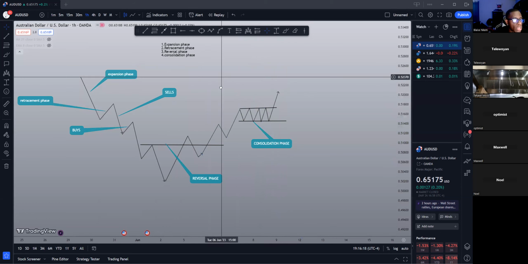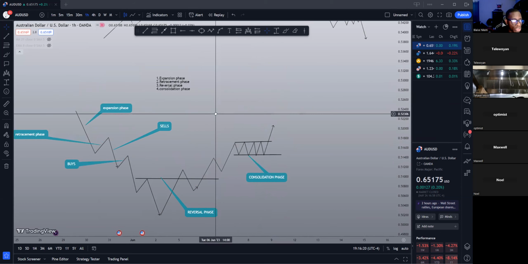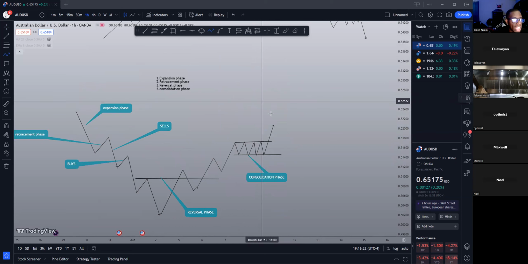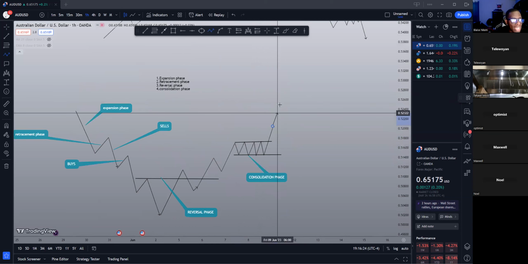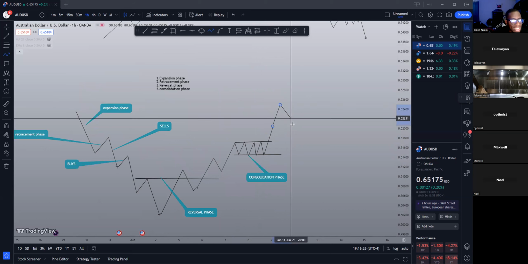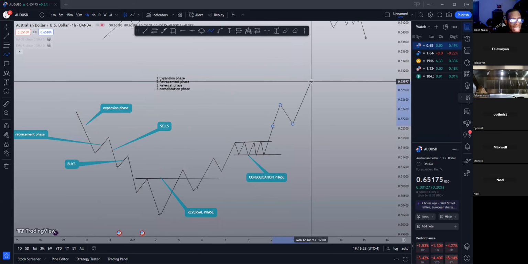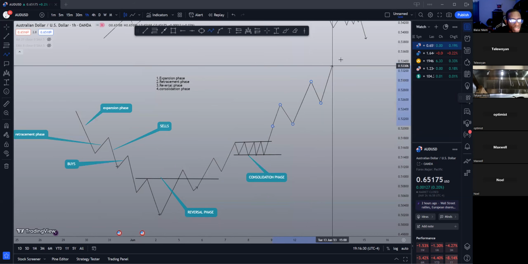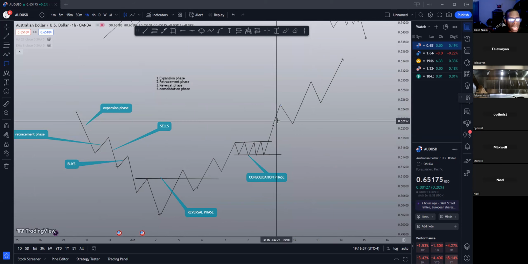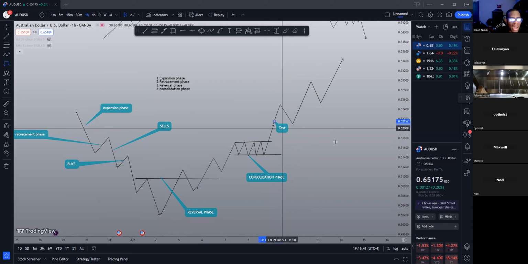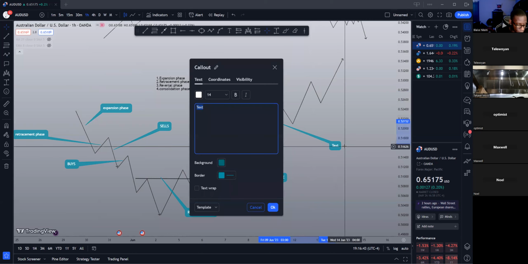Now let's look at how things look when the market is in an uptrend. Now in an uptrend market, the buys are the expansion while the sells are the retracement. The buys, the expansion, sells, the retracement. So now it's different. Don't come to a buyer's market and say, oh, the sells are the expansion, then the buys are the retracement. No, the buys are the expansion instead.